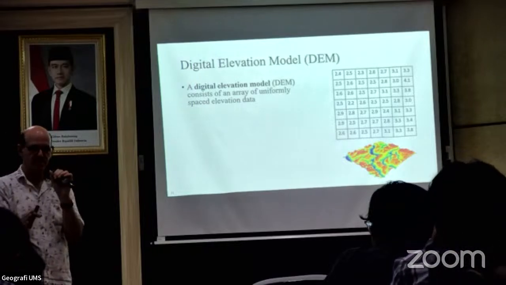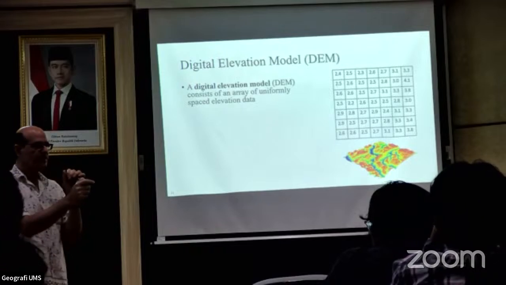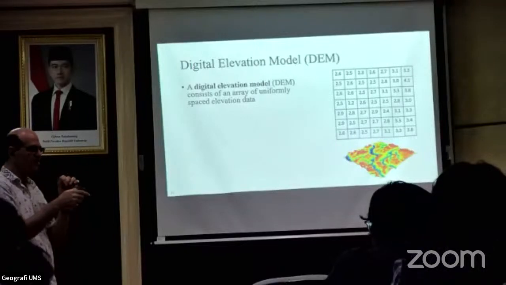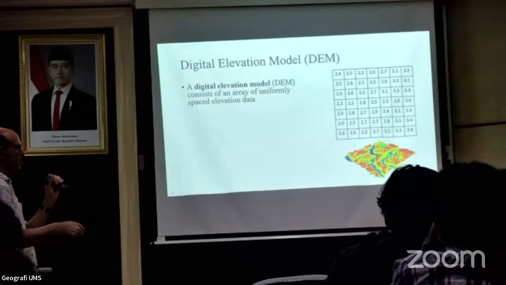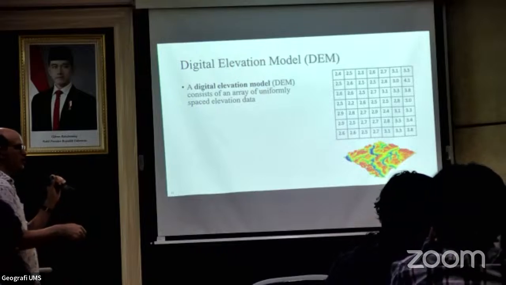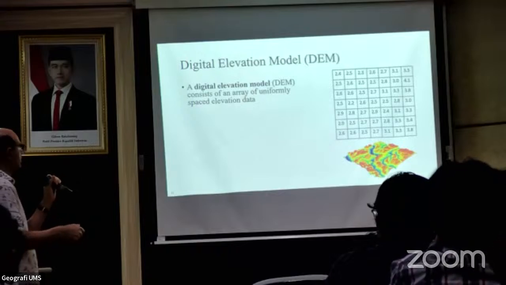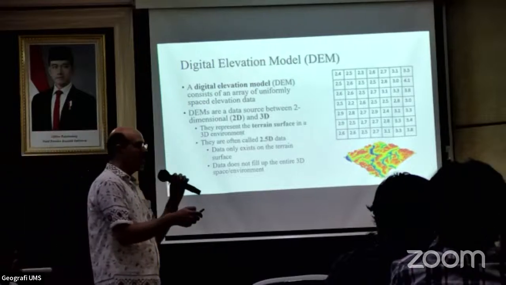So, the digital elevation model is a type of raster data set, and what you see in front of you is pixels arranged in rows and columns, and they have certain values. Those values represent the elevation model.